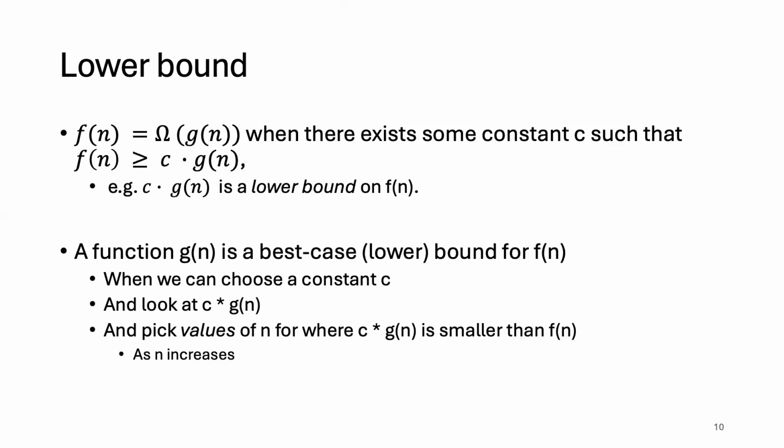All right, lower bound. So again, we're looking for a function g of n, and we call it big omega of g of n, the lower bound, for when there exists some constant c such that when we multiply c times the function we found, g of n, it's going to be less than every value of n we can plug in for the function f.